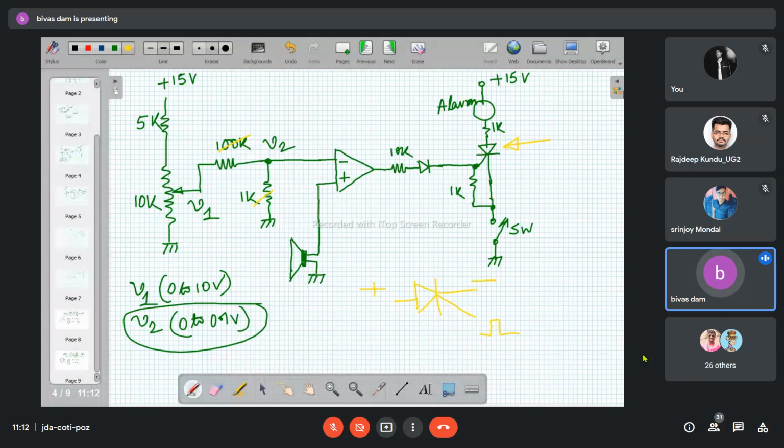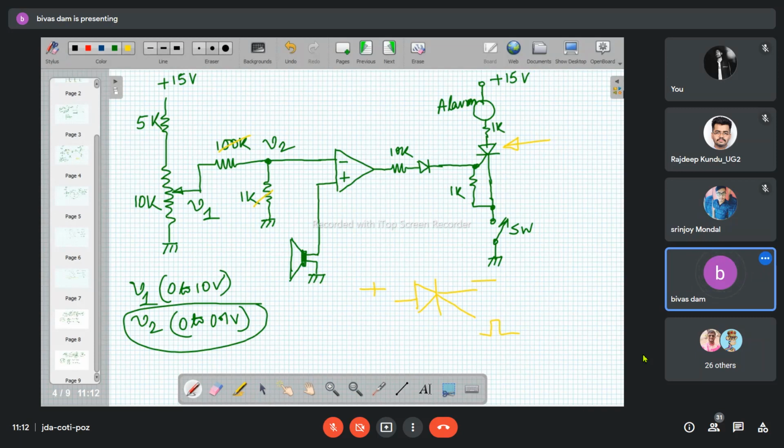And once the SCR is turned on, you cannot turn it off by controlling the gate. The gate has control over the SCR only while turning it on. Without a gate pulse, the SCR cannot be turned on from the off state.